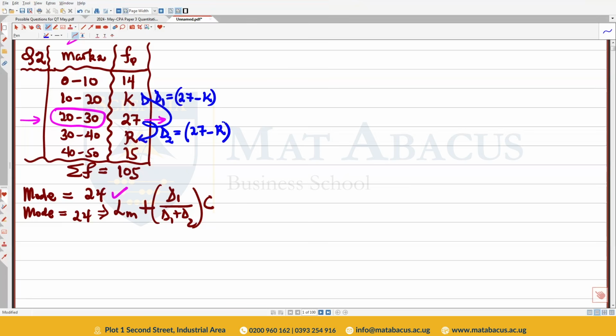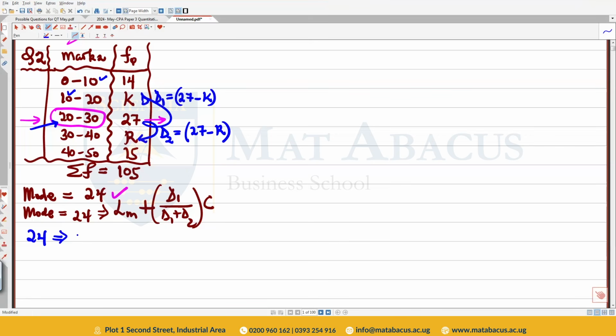So we proceed and say our 24, which is the mode, is equal to L_M, the lower class boundary of the modal class. These kind of classes are called exclusive classes, where the upper class limit is the same as the next lower class limit. There's no need of subtracting or adding 0.5.